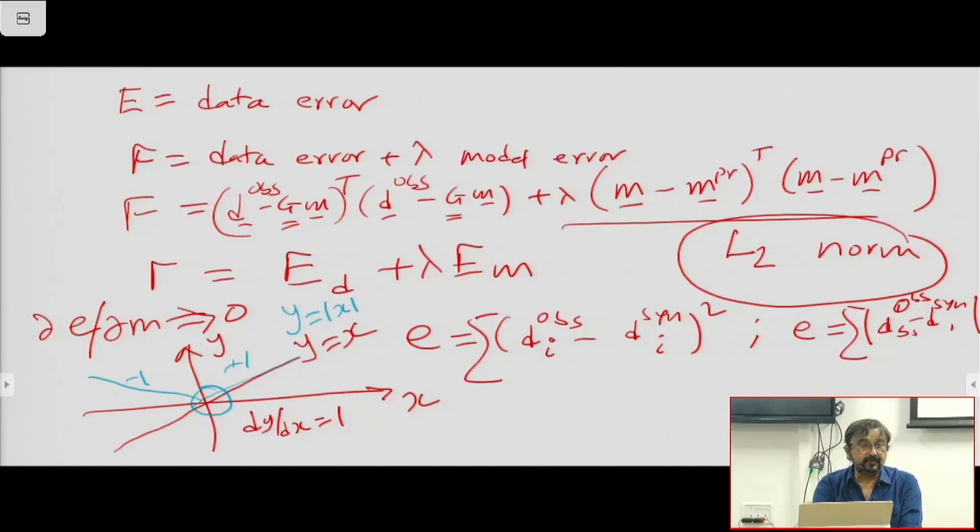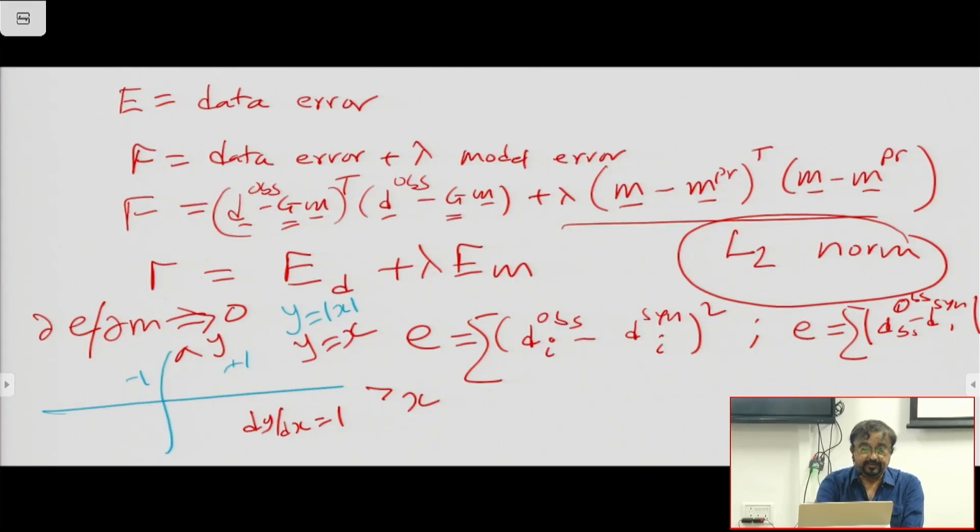So this is the problem with the L1 norm. So what do people do? Like one of you guys was saying, we cheat. Yeah, seriously, we cheat. So what we do here is we say that this is L1 everywhere, but I will smooth it here with an L2. And there are some other methods.